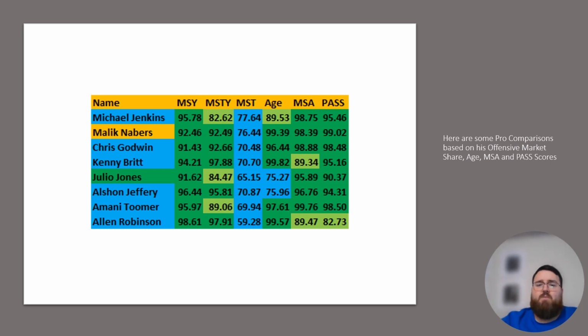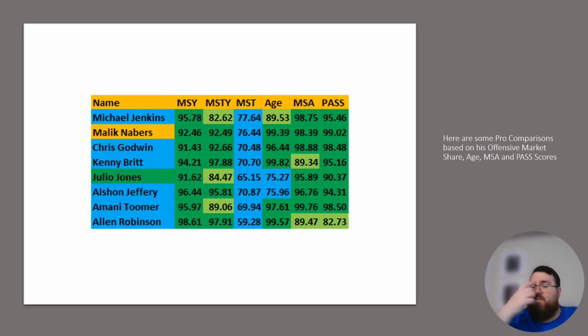So when I looked at his pro comparisons based on his market share data, his age, MSA, and PASS scores, he pretty much hits between these types of guys. Michael Jenkins, Chris Godwin, Kenny Britt, Julio Jones, Alshon Jeffery, Monty Toomer, Allen Robinson. I would say just based on his style, he's more so with Godwin and Toomer than he is with a guy like Julio Jones and Kenny Britt and those types of guys.